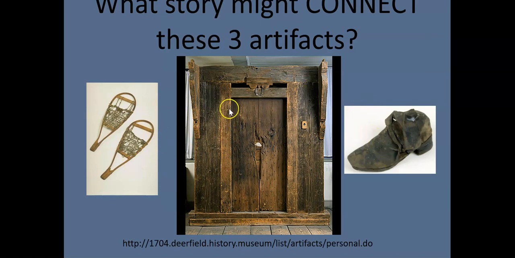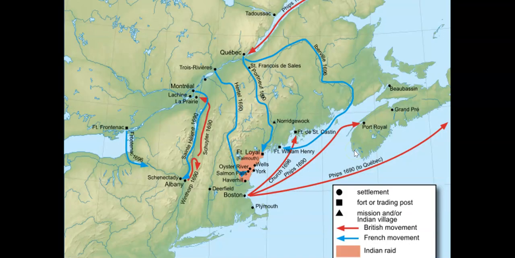You should have some idea of the story that does connect these three artifacts. So Deerfield, on a map now, is right here. It's near Boston. And the survivors from Deerfield were marched north about 300 miles to Three Rivers.